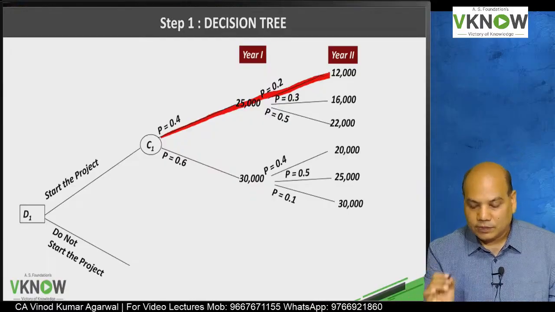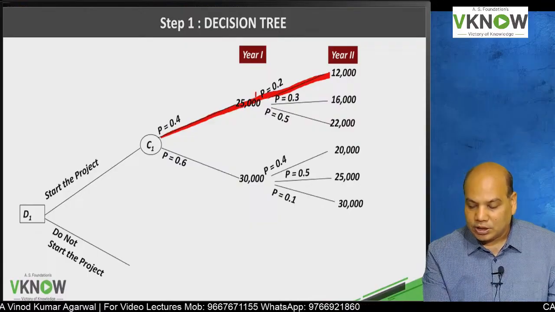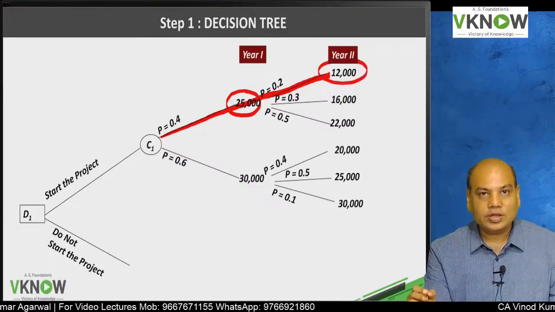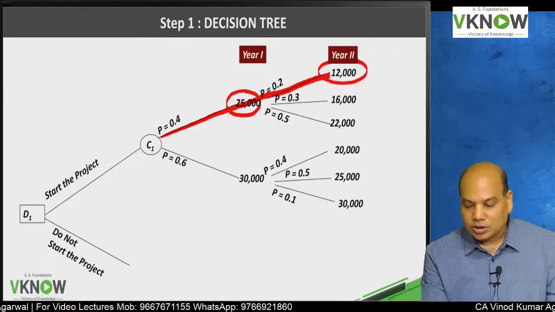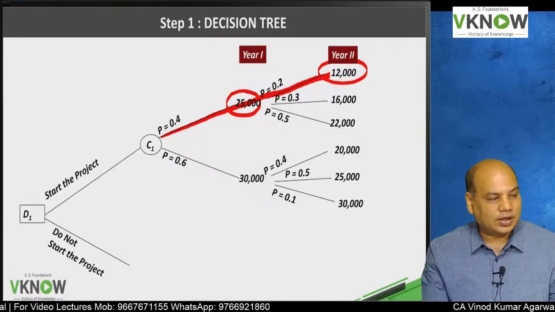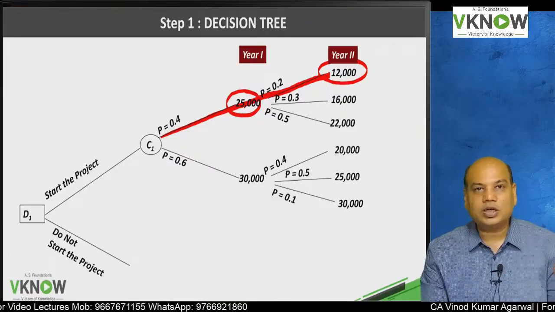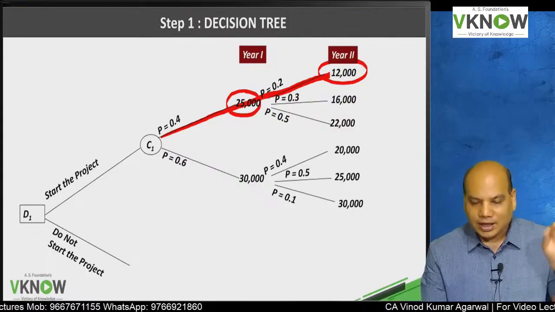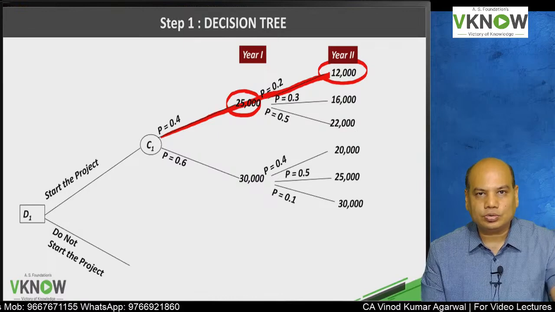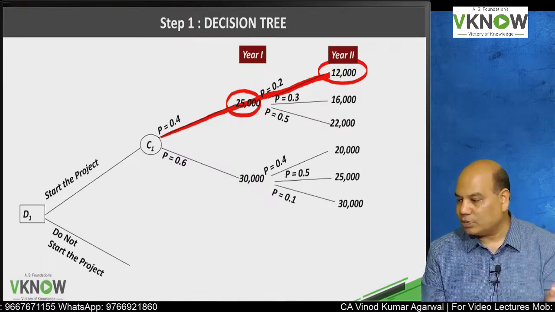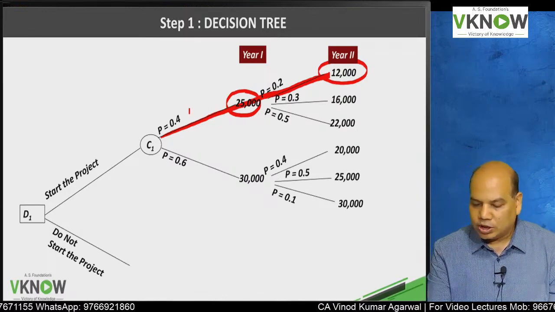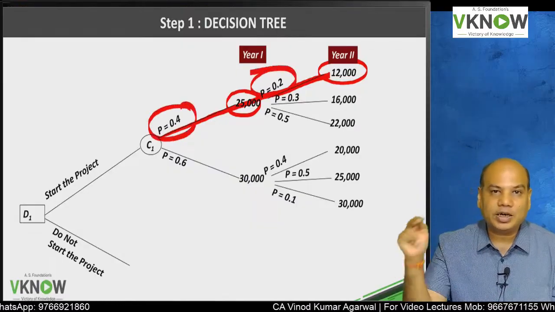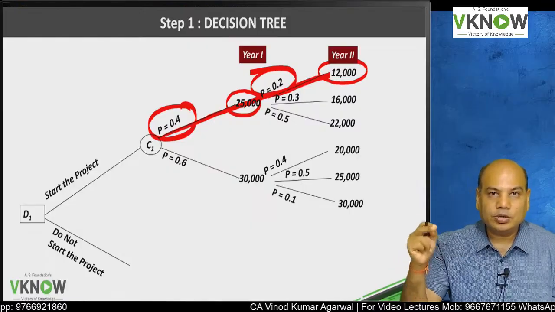The probability of the first path means getting 25,000 in the first year and getting 12,000 in the second year, which is like asking a statistical question. What is the probability of getting 25,000 in year 1 and 12,000 in year 2? Which means I am asking you a joint probability question, and in a joint probability question you have to multiply the two independent probabilities. 0.4 into 0.2.